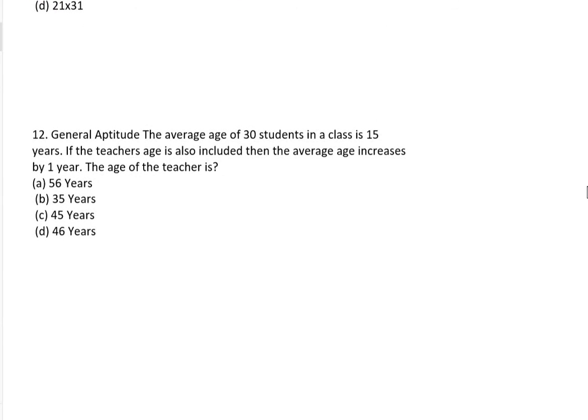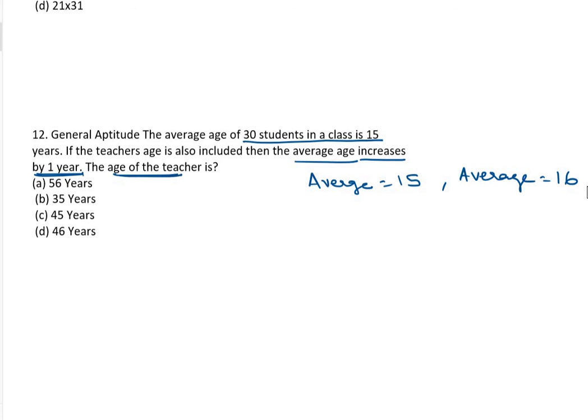The average age of 30 students is given as 15. If the teacher's age is also included, the average age increases by 1 year, so it will be 16. What is the age of the teacher?